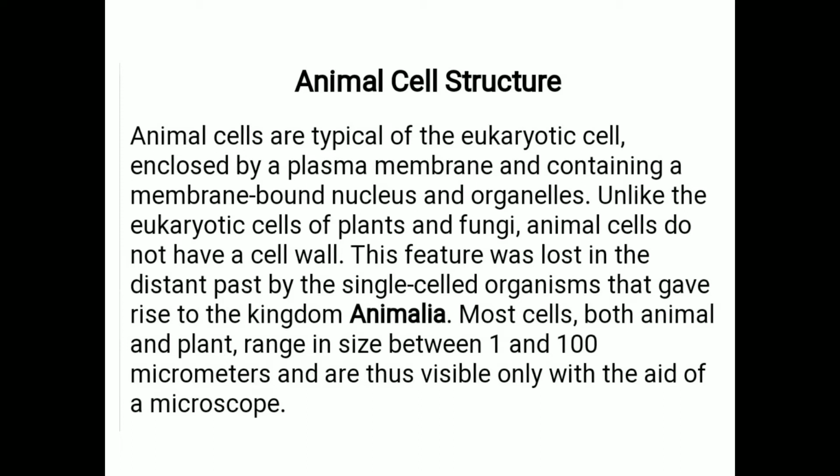Animal cells are typical of the eukaryotic cell, enclosed by a plasma membrane containing a membrane-bound nucleus and organelles. So all animal cells are eukaryotic cells, meaning the cell has a nucleus with a nuclear membrane and also contains cell organelles.